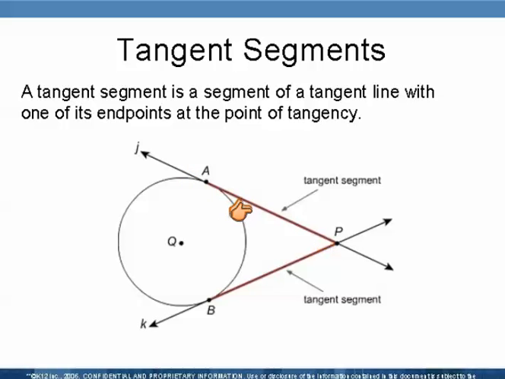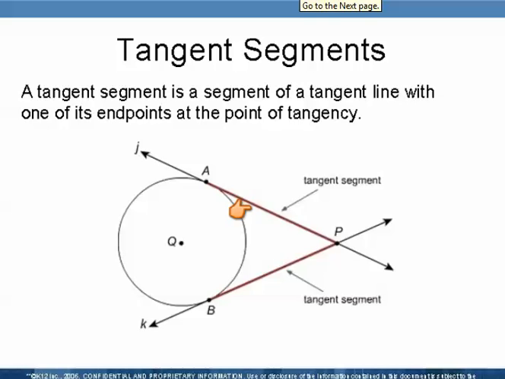That would be a tangent segment. It's a segment of a line that is tangent to a circle where one of the points on the tangent segment is on the circle. So it has to be that point of tangency.